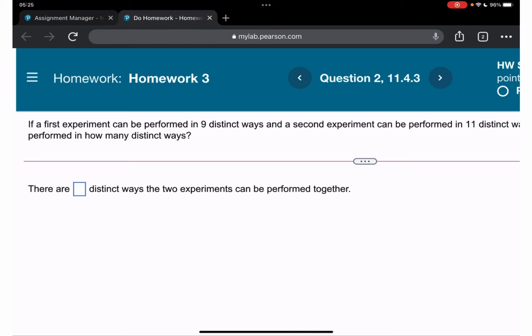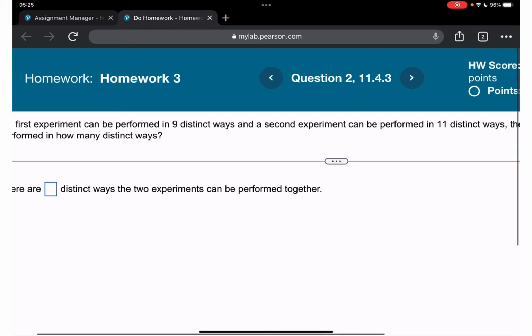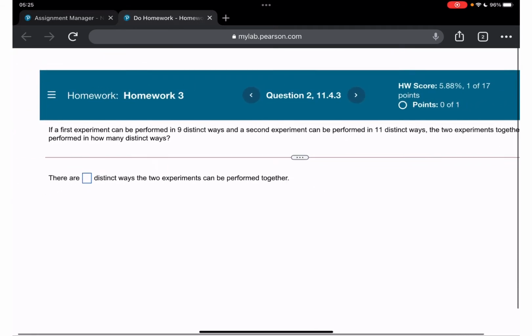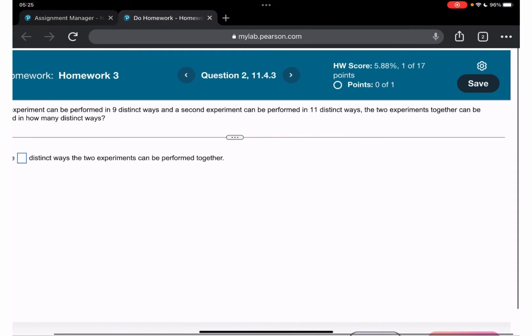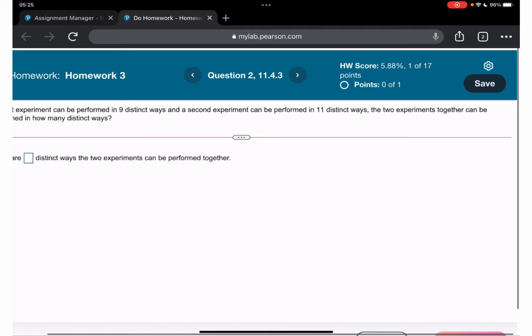Practically, we have the first experiment that can be performed 9 ways, and the second experiment can be performed 11 ways. Okay, and we need to find out in how many ways both experiments can be performed.